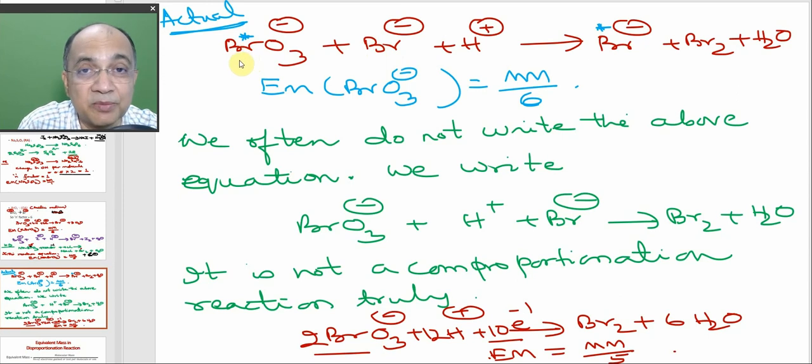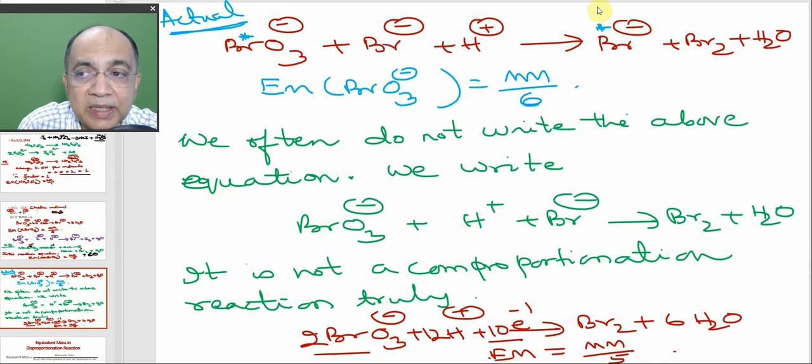It's called a labeling experiment. So this is bromine 82. So when you add some dilute acid, hydrochloric acid, you will find both bromine from the bromide ion reductant as well as bromide ion. This bromide ion, where has it come from? It has come from bromate ion, because that bromide ion will be carrying all the labeled bromine. All the labeled bromine, bromine 82, present in bromate ion will be found in bromide ion.